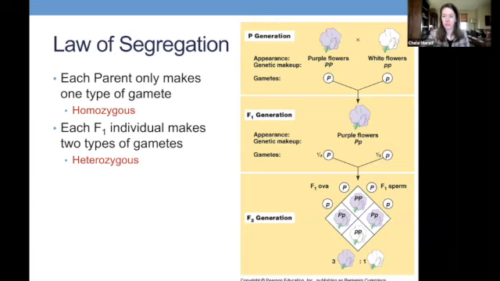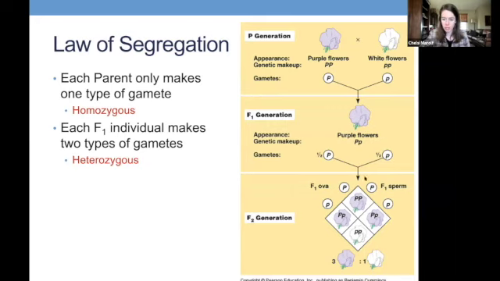They have little p, both coding for the white flower type. Everyone in the F1 generation, because they got one allele from the purple plant and one allele from the white plant, is going to be big P, little p, which makes them a heterozygote. Heterozygous just means you have a combination of dominant and recessive alleles on your chromosomes.